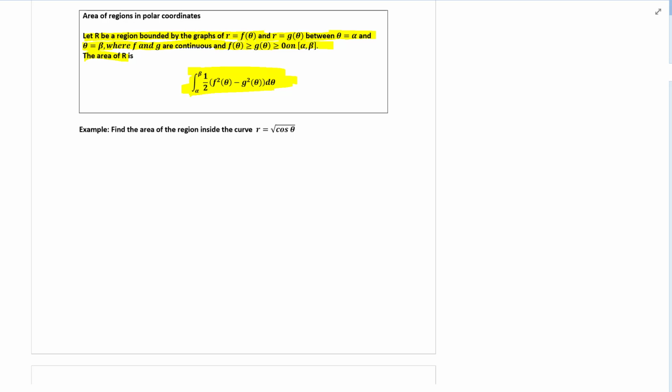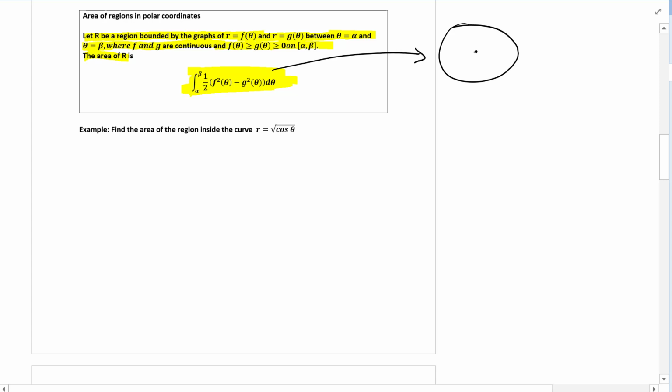Really quick, where is this integral coming from? Well, let's remember that if I want to find the area of a slice of a circle, and this is like delta theta, so it's an angle, right? And this is the radius.